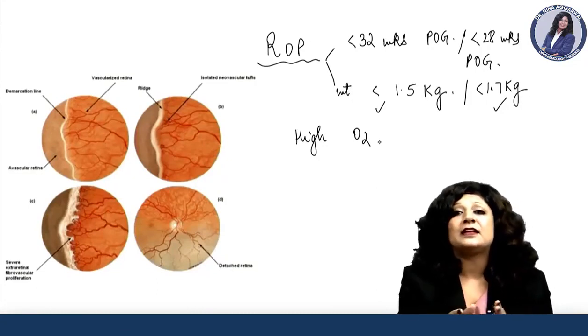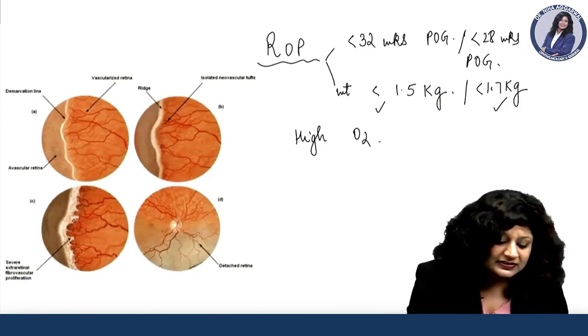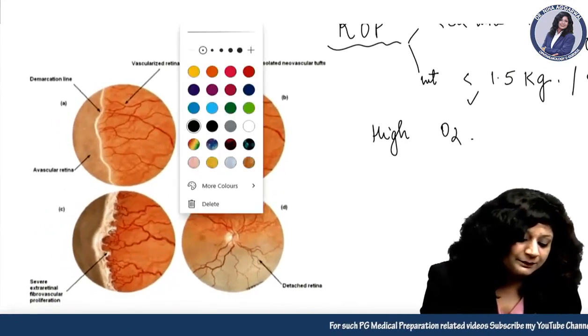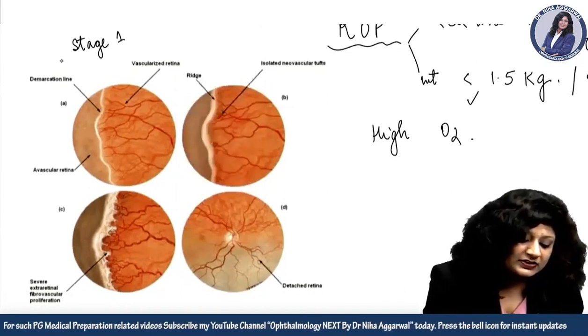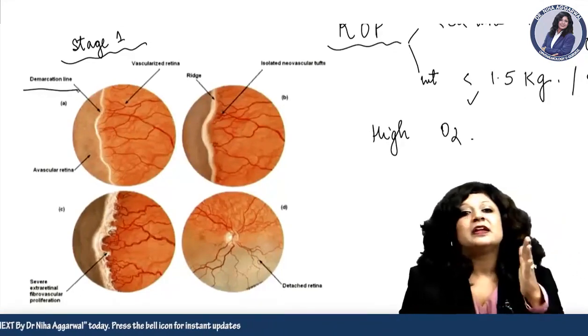there can be a lot of things that can happen inside the retina. Now these things are actually categorized into certain stages. If you see, stage 1 is actually the demarcation line.